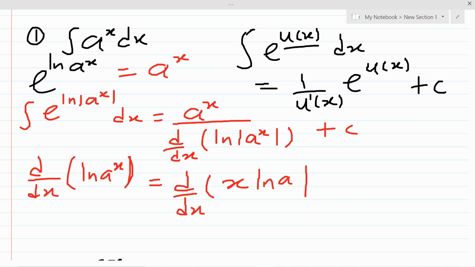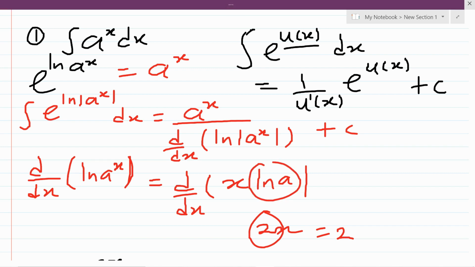Let's say this is the same as differentiating 2x, and that will give me 2. Or differentiating 3x. Here the only difference is that the 2 or the 3 that we see, the constant, has turned into what? Ln of a.